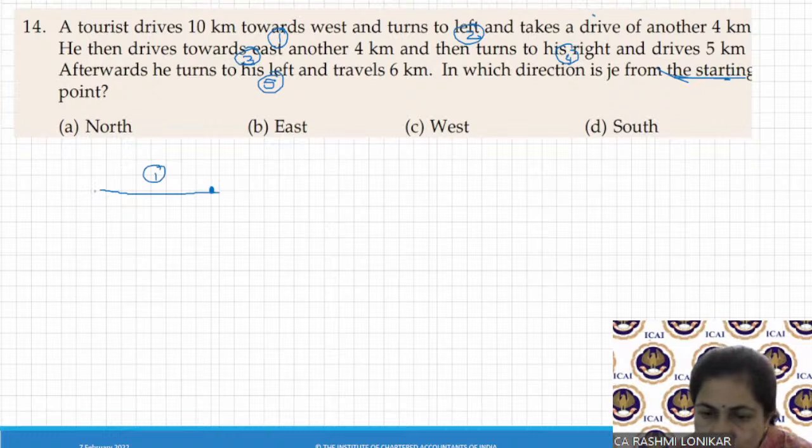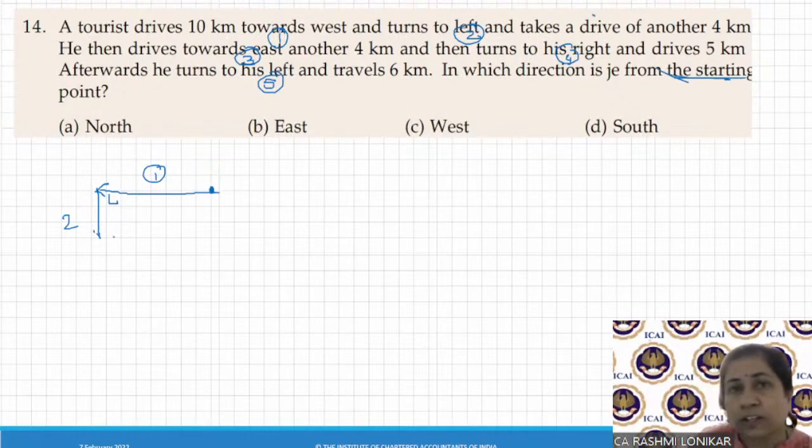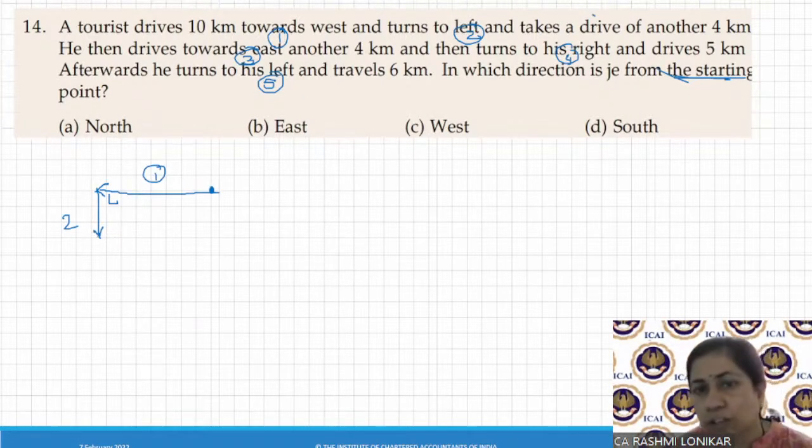Okay, so now he is over here. So this is his left and this is his right. He turns left and takes 4 kilometers. So this is his second. Then he drives towards the east. Okay, so now he's talking not in terms of left and right, he's talking in terms of direction. So east is which direction? Is moving to the right.